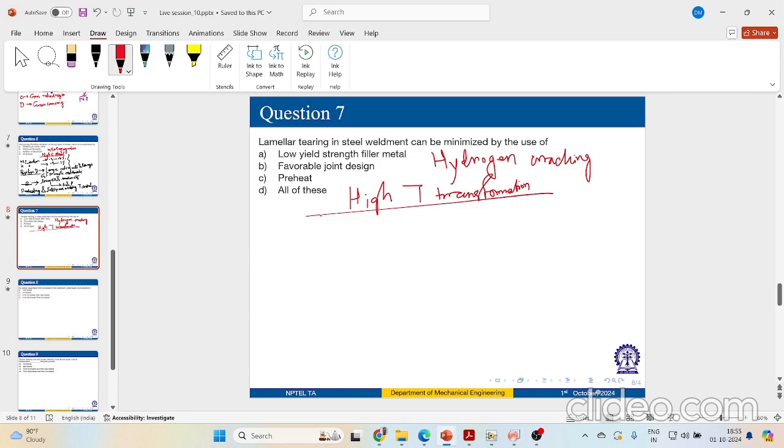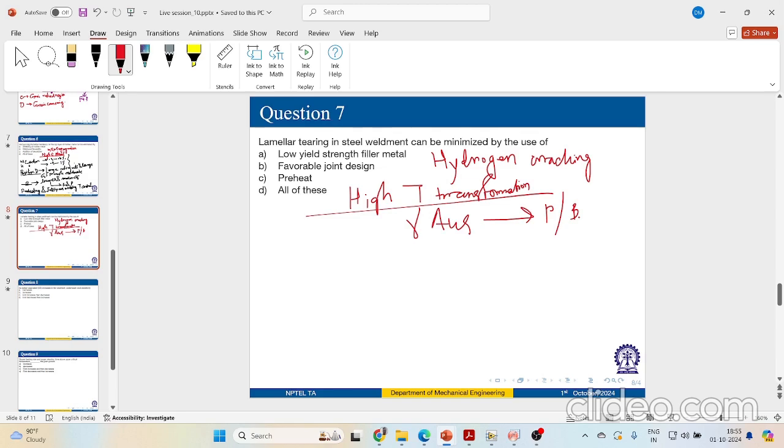Austenite, gamma, to pearlite or bainite. These are called high temperature transformations. If you have high temperature transformation, that will allow some of your excess hydrogen beyond your solubility limit to escape by diffusion.